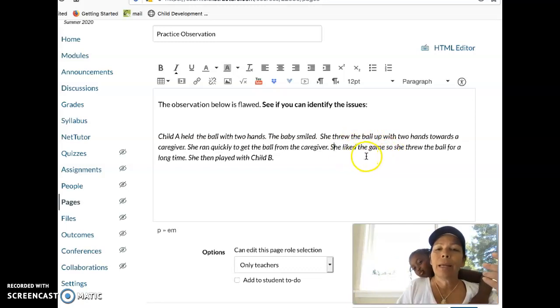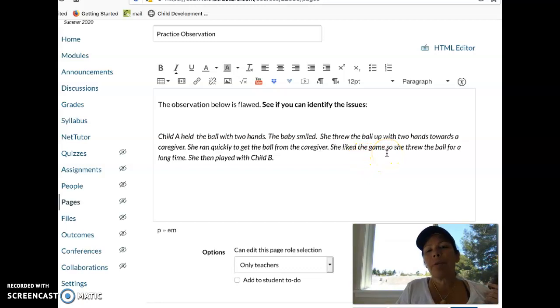Good. So rather than interpret what I saw, what I might do instead is write something along the lines of she threw the ball again, or she played with the ball by throwing it. Omit the word play, of course.